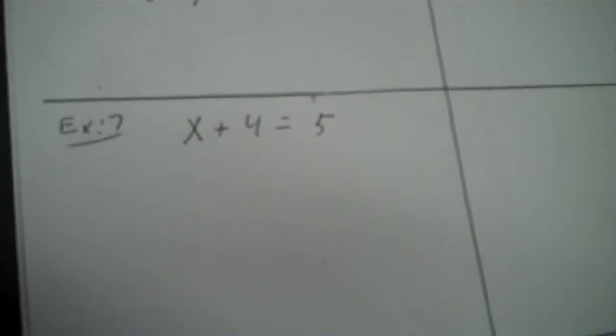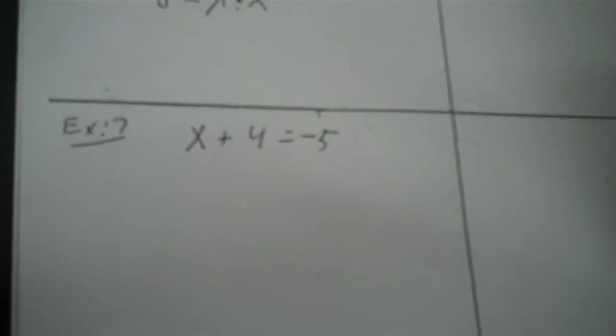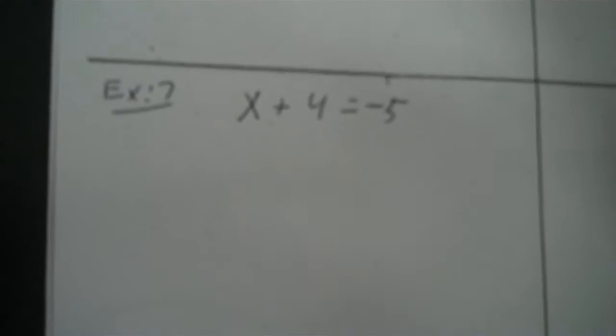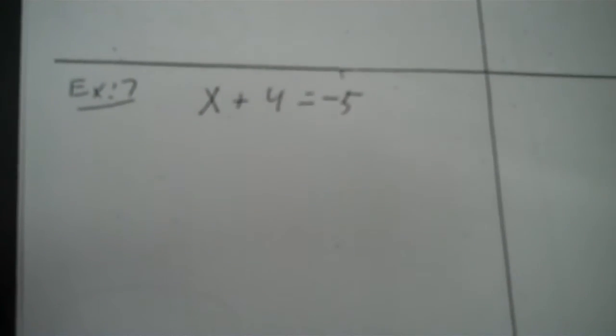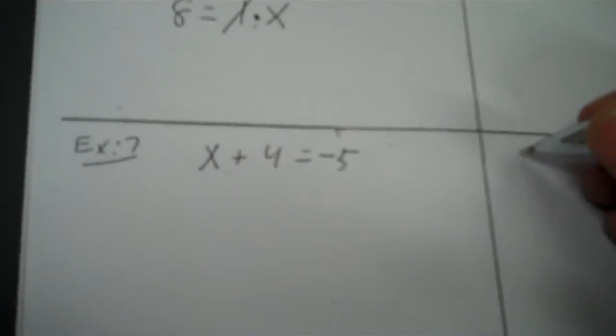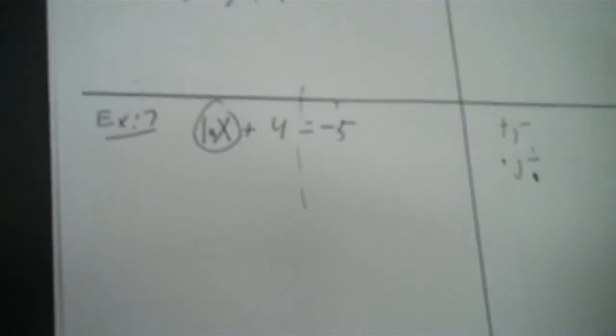All right, make that 5 a negative. Just do it. I want to change the problem, because that's too easy. I mean, it's obviously 1. 1 plus 4 is 5, but if I make the 5 a negative, then it's a little more up to where your level's at. Plus minus times divide. Put the 1 in front, dot it right there.